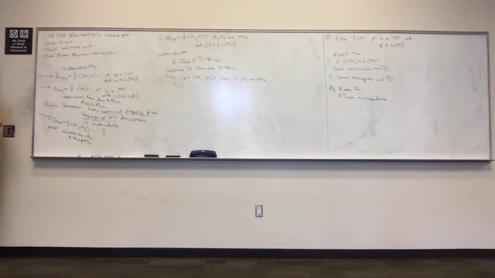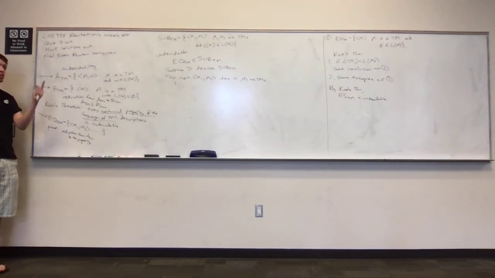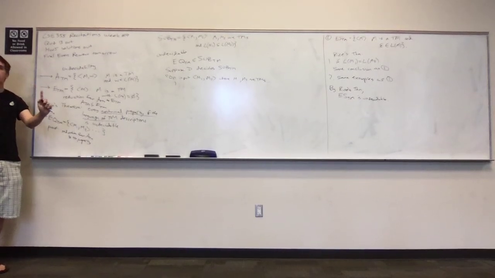How can I use that subset decider to help me? Well, if you have two machines with the same language, what do you know about their languages in terms of containment? If they're equal, each one contains the other. So could I run the supposed decider twice, once for M1, M2, and then the other time for M2, M1?